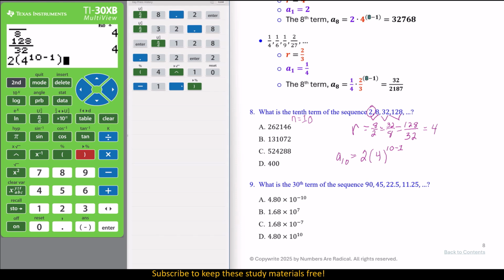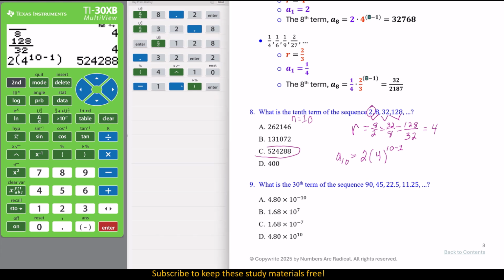I'm just going to move my parentheses over. Either way, still the same thing. And not only that, I'm not going to do 10 minus 1 in my head, okay? All right, now let's push enter, and there we go. Option C.